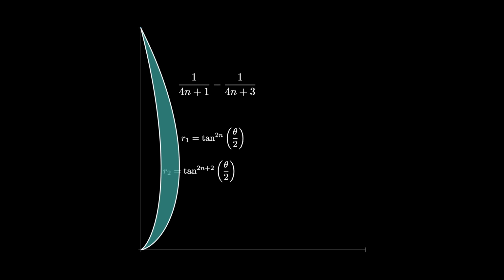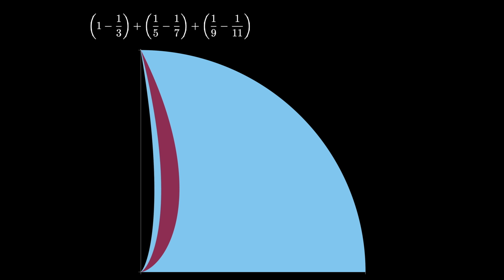By repeatedly applying this fact, we will get the desired decomposition of the quarter circle that will give us the Leibniz formula for pi over 4. Applying the fact when n is 0 gives the area between these two curves, which is 1 minus 1/3. Then the area between the next two curves is 1/5 minus 1/7. The area between the next is 1/9 minus 1/11, and so on.